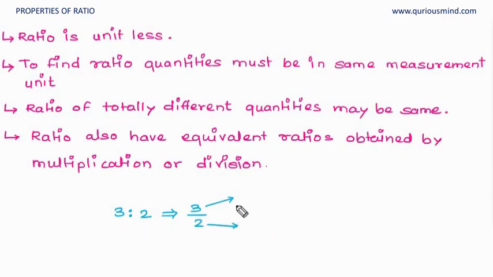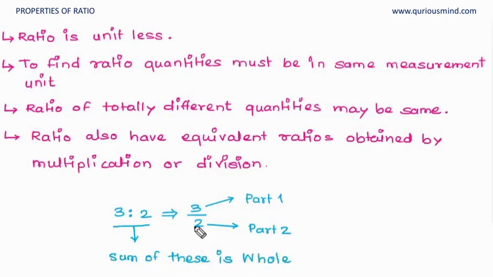When we talk about ratio, this is also part, we'll call it as part 1, and this is also part 2. Then what is whole? The whole is sum of this. You will understand this better when we are going to solve sums related to distribution using ratio.